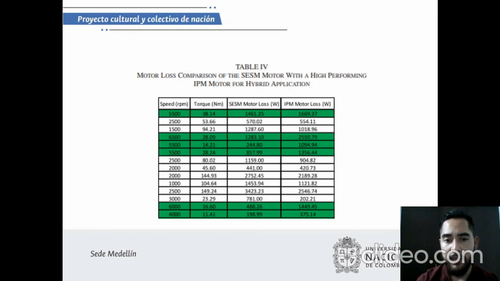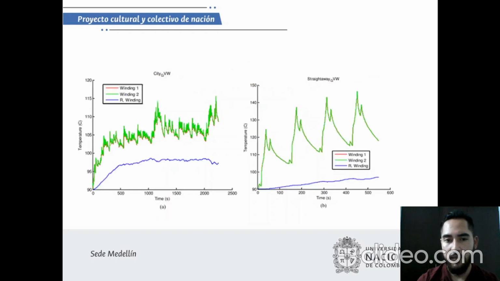Compared to an IPM engine, the SE-SM works better at speeds above about 56,000 revolutions per minute. Below that speed, the PM engine is generally more efficient than the SE-SM. Table 4 compares the measured efficiency of the SE-SM with the reference IPM engine for several key operation points for a hybrid application.